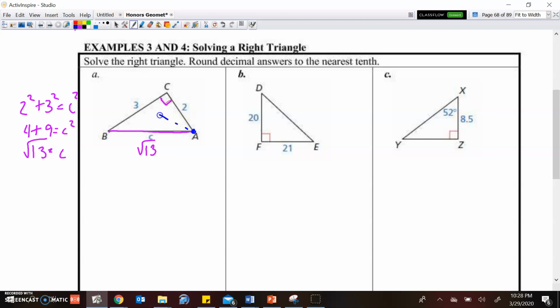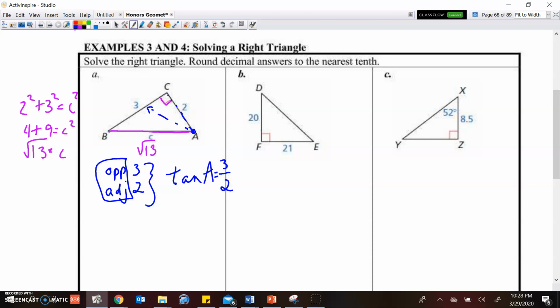So maybe my opposite is 3. My adjacent is 2. In terms of opposite and adjacent, I'm talking about tangent. So this is going to say the tangent of angle A is equal to 3 over 2, opposite over adjacent.